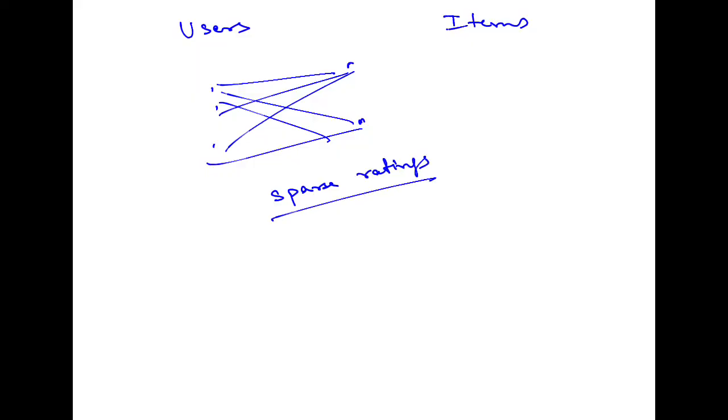So how do you find similar users? Let's say the ratings are from 1 to 5. Okay?